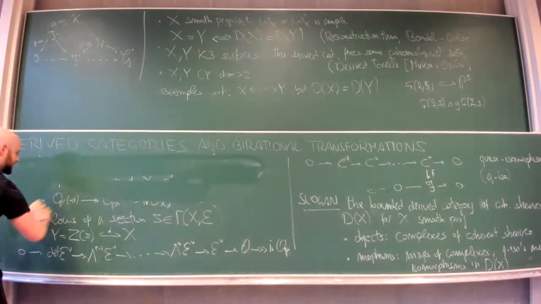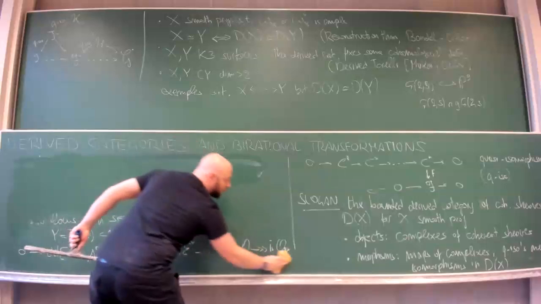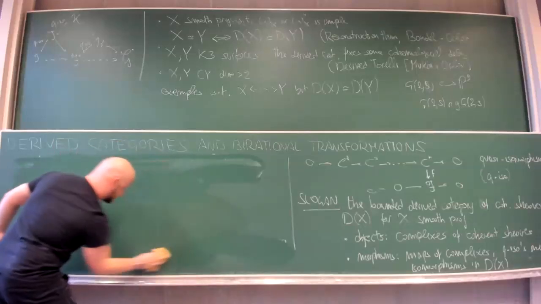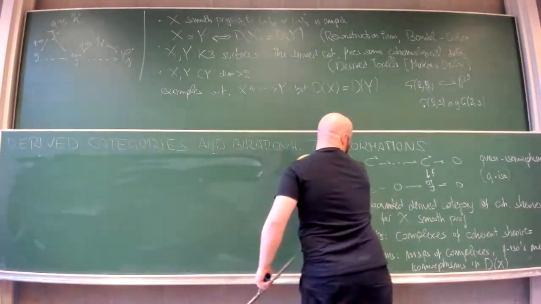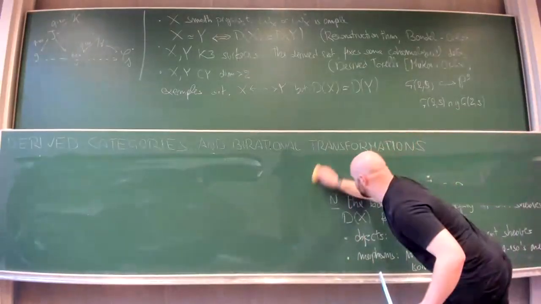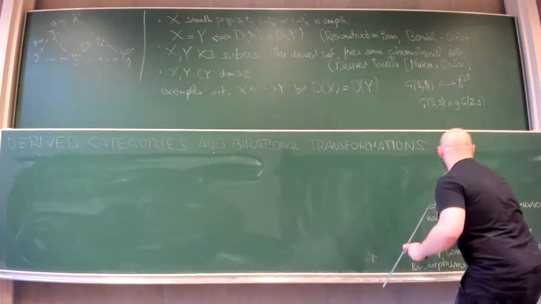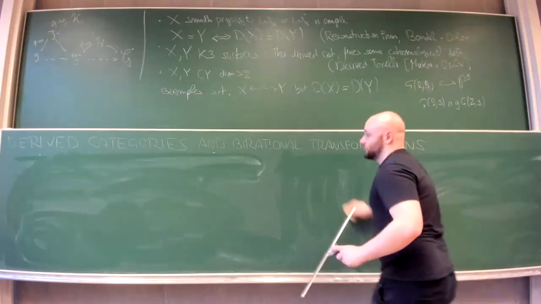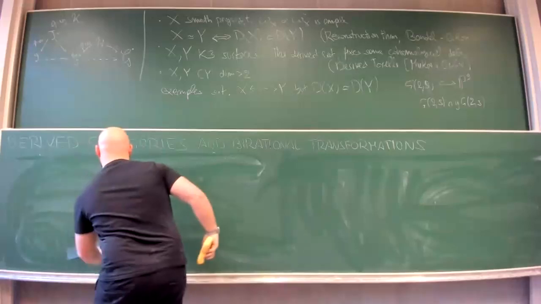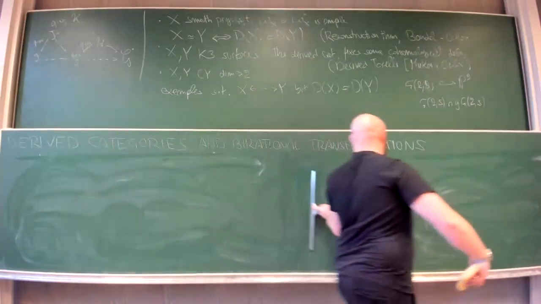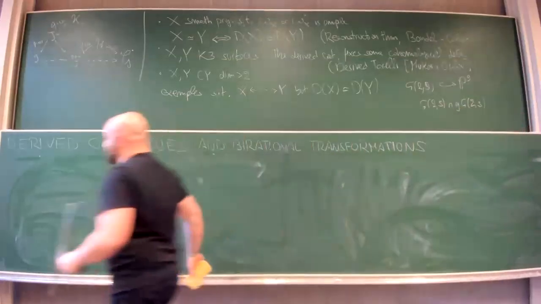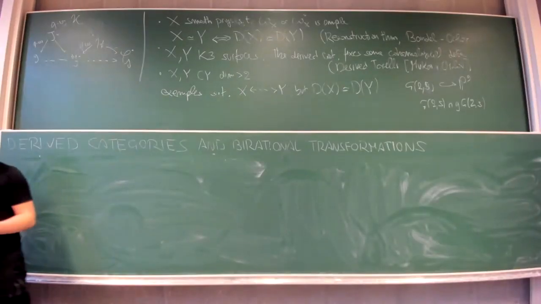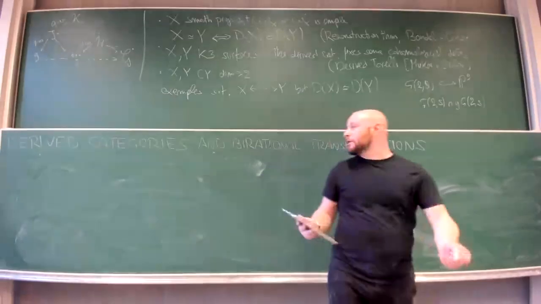So what we want to do is to try to find some class of birational maps which preserve the derived category, which induce a derived equivalence between the two varieties. So let's have an example.